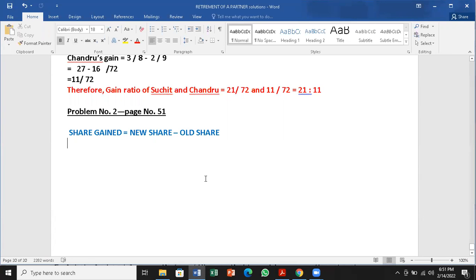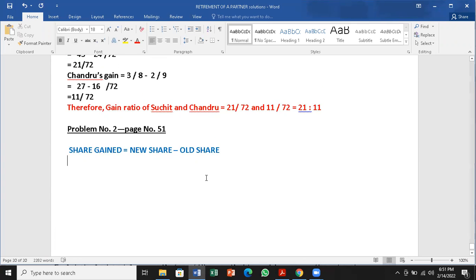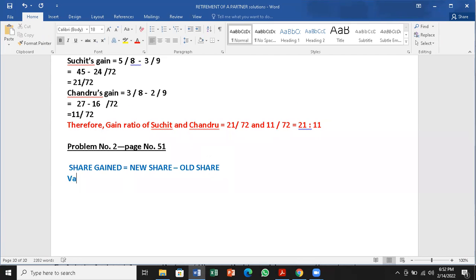So who are they? One is gain. One by 2 is the new ratio, a new share.